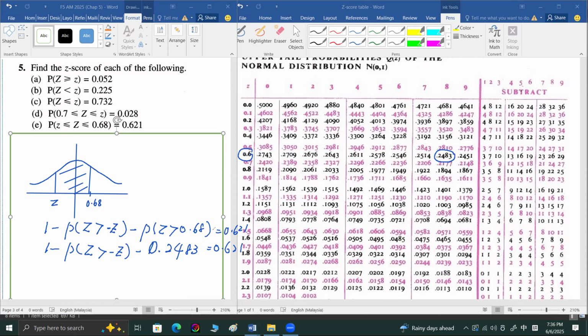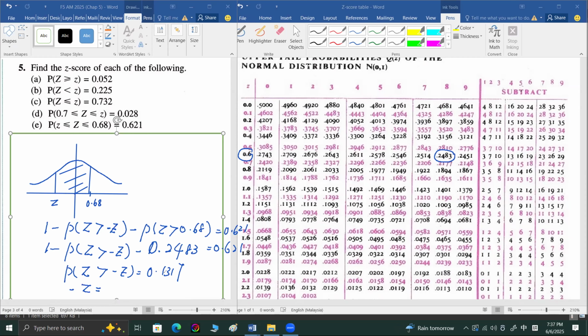So 1 minus 0.2483 minus 0.62. So I got 0.1317, yeah? Zero point 1317. Okay, can find Z already.